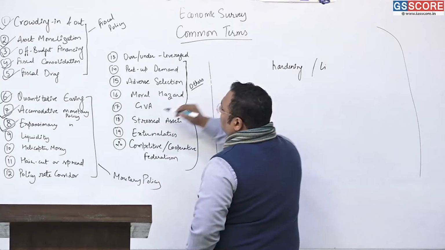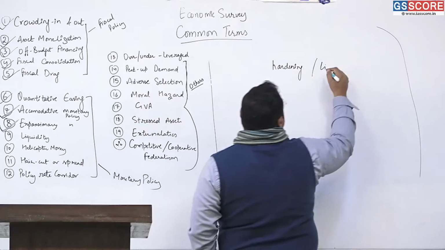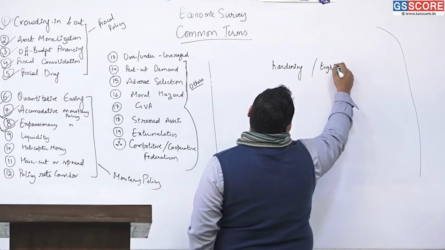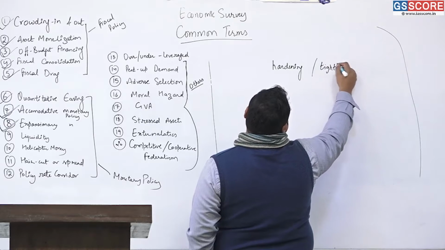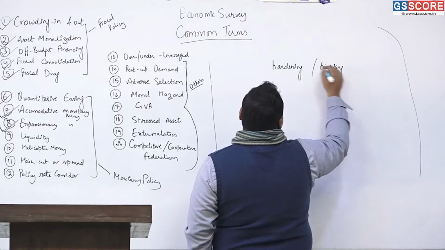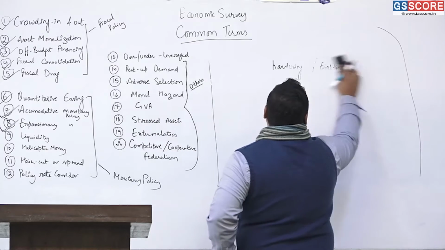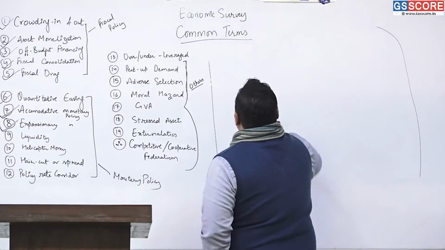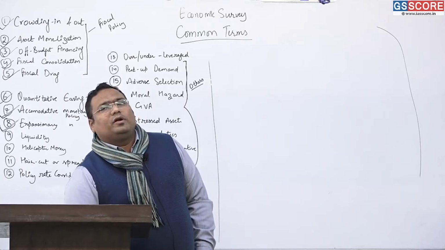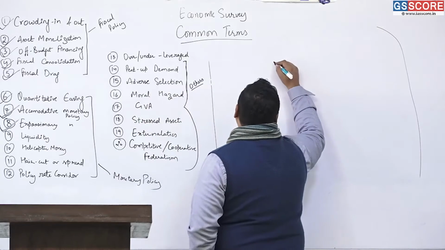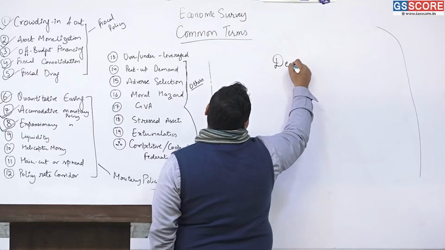Okay, that is the opposite of expansion. Quantitative easing, quantitative tightening, or when we follow quantitative tightening, this is also called dear monetary policy.